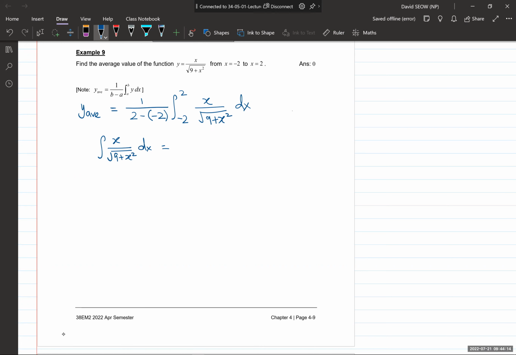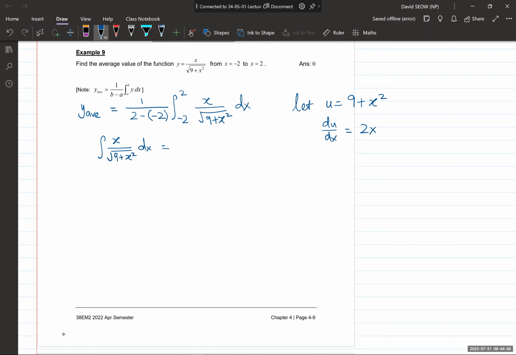So let u equal 9 plus x squared. I want to do substitution, so I need to differentiate. du dx will give me 2x. Now I need to observe, because I want to replace my dx with du terms.